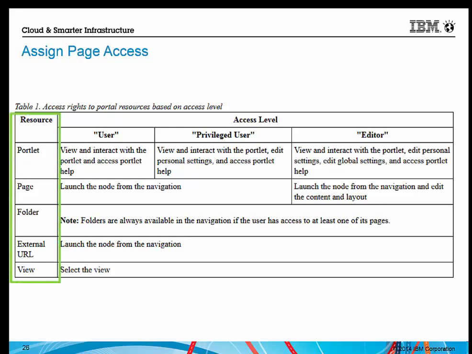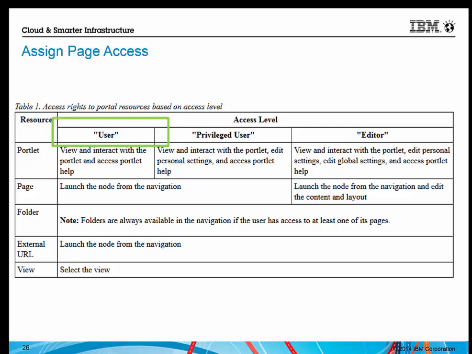So, a given resource, which are listed on the left, like portlet and page, requires roles to be granted access levels listed along the top, user, privileged user, or editor, because without access, users cannot use or even see these resources.